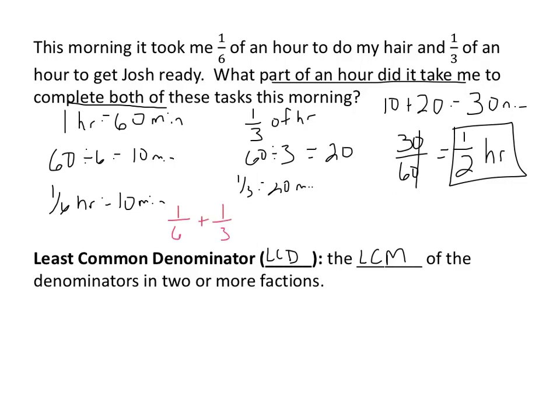If I was looking for the least common denominator between 6 and 3, it would be 6. So 1/6 would stay the same, but 3 would become 6 as well because 3 multiplies into 6 by taking it times 2, which means I'd have to do the top times 2. So I'd have 2/6. 1/6 plus 2/6 is 3/6, which is 1/2.